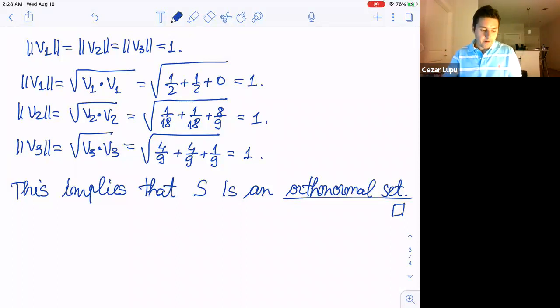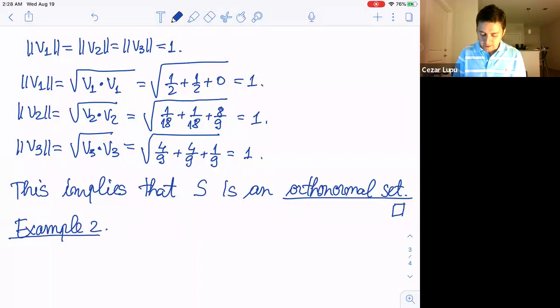Okay, now let's talk about another orthogonal set, and again I'll have to go back to calculus. It will be very hard for me to avoid talking about integral calculus when I talk about orthonormalization and all this kind of stuff. So the second example, example 2.